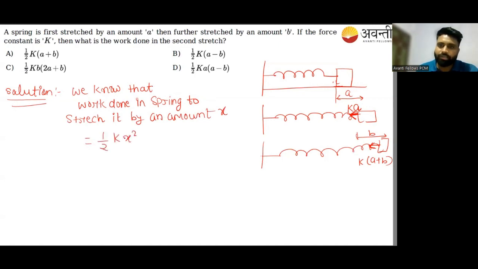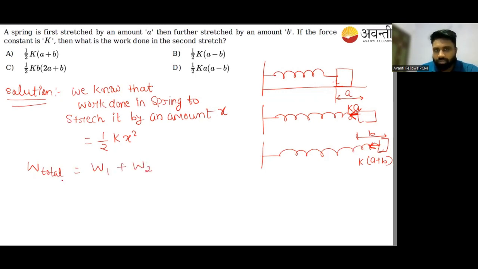So what we have to do is find out the work done in second stretch. So work done total here is work done in first stretch W1 plus work done in second stretch.